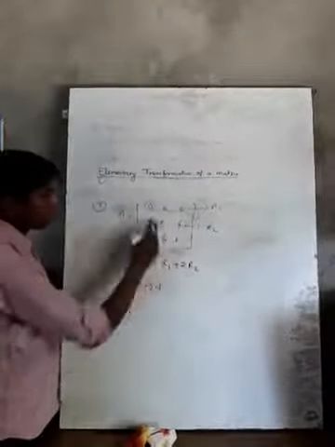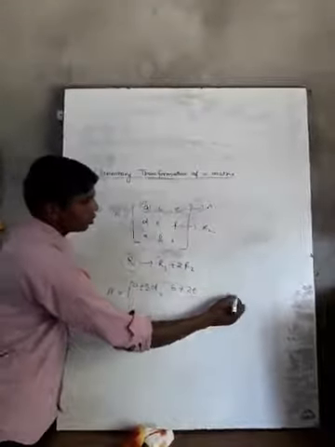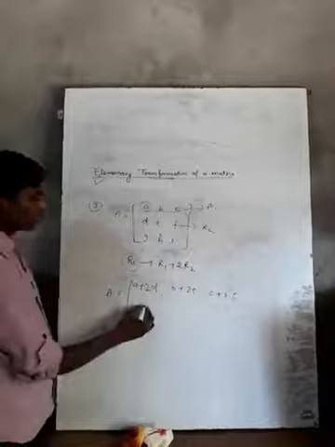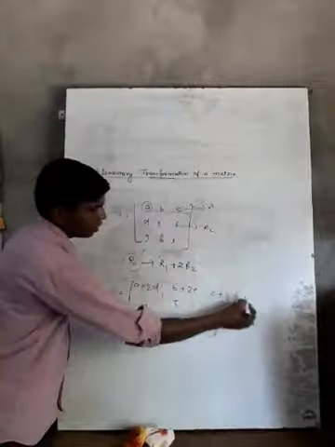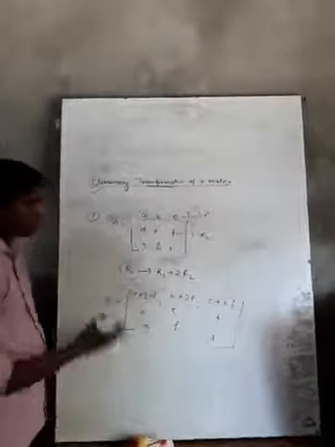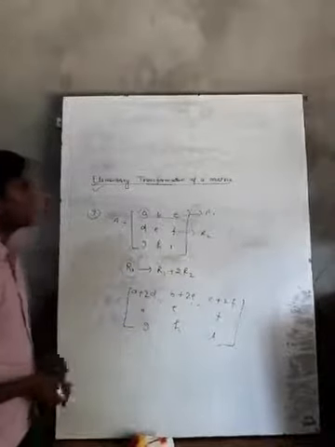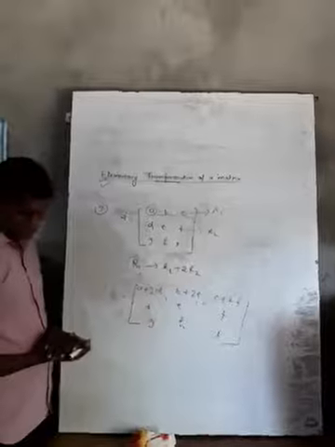Similarly, we add B plus 2E, C plus 2F, and R2 will be the same, D, E, F, G, H, I. In this way, we can transform the elements of any matrix. So these are the elementary operations by which we can transform a given matrix.